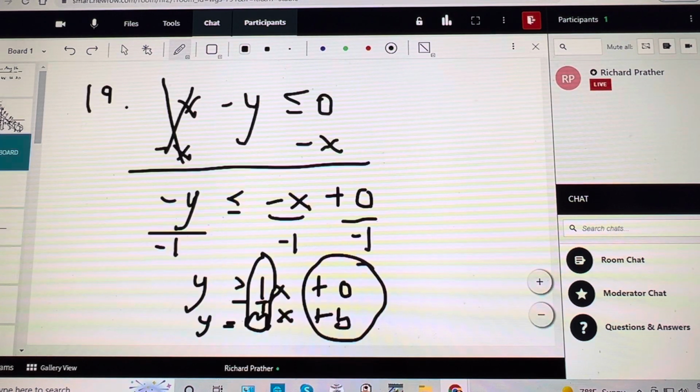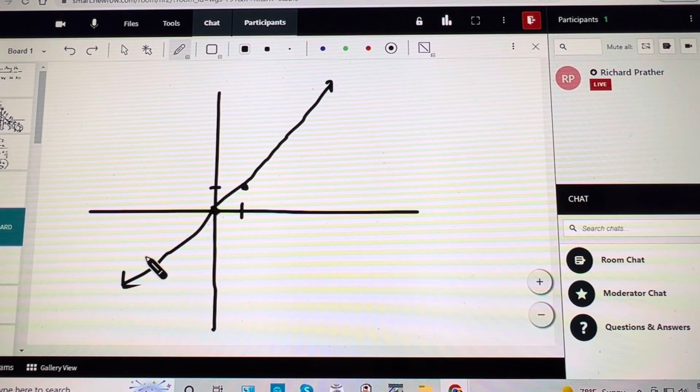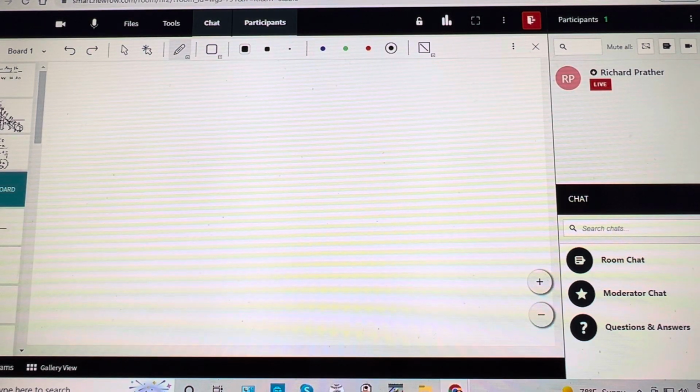And the inequality flipped from less than in the original to greater than. So you're going above that line. But if you looked at the original and tried the intercept method, you might have got tricked and thought that one goes down. Okay, so that one's going upward, and then what's the next one?